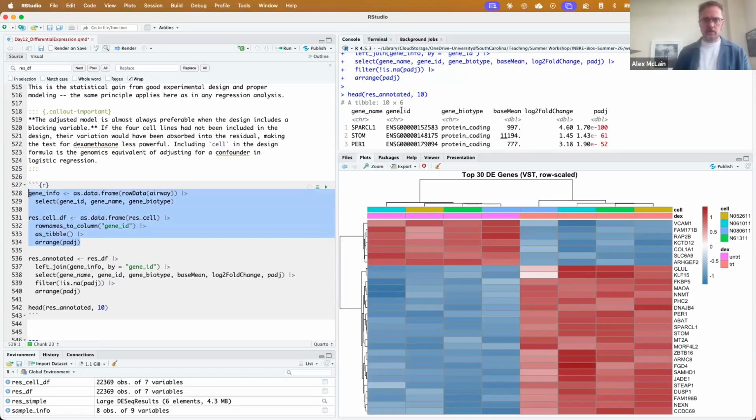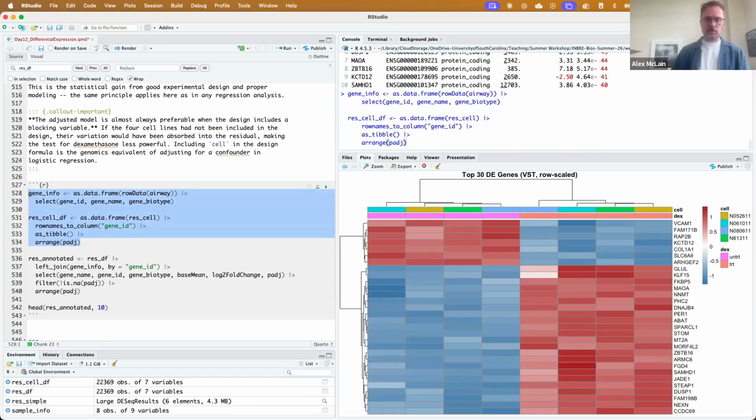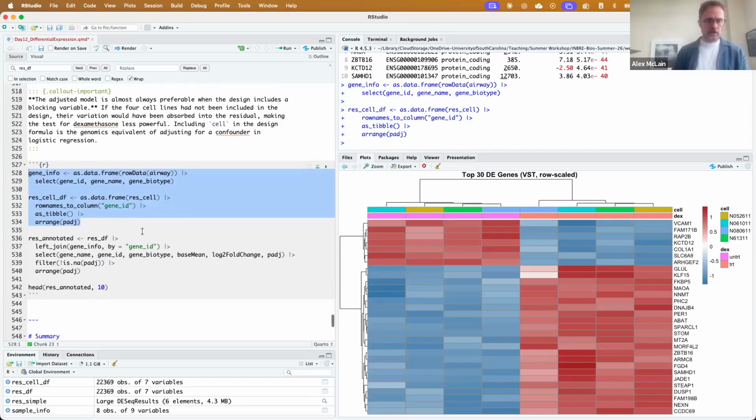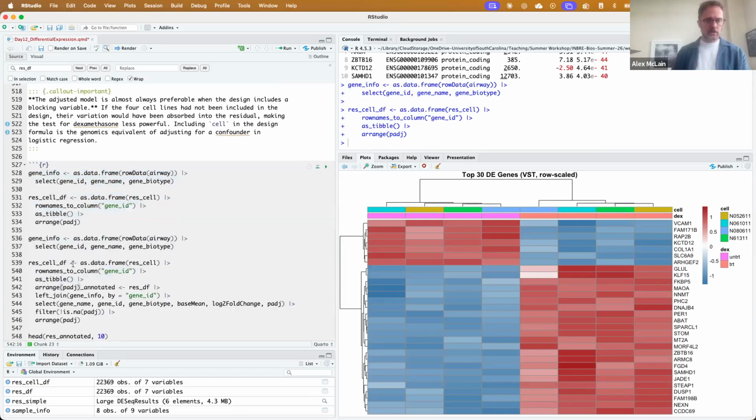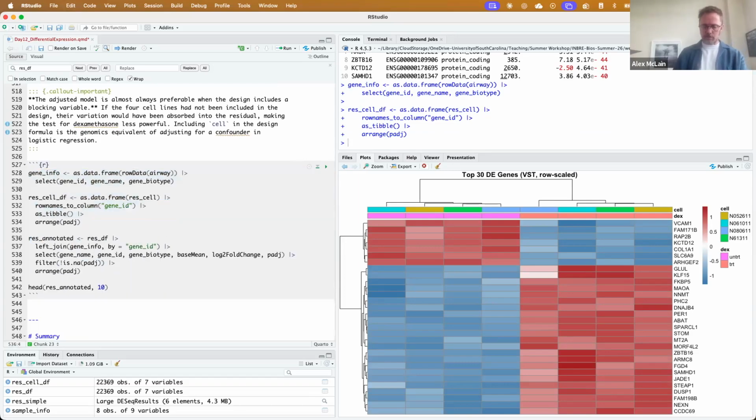I think I did that wrong. Copy and paste it here. Good. Oh, that just did it for everything. I'm just going to call this res annotated cell.